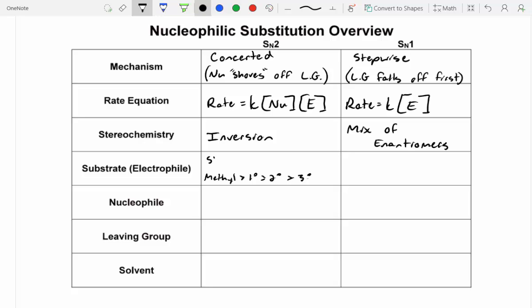And this is because sterics influence our rate. We need to have an exposed backside. SN1 we know is opposite. We said that tertiary is actually better than secondary, which is better than primary, which is better than methyl, with the exceptions when you have resonance, right? And in this case, we said that carbocation stability influences rate.